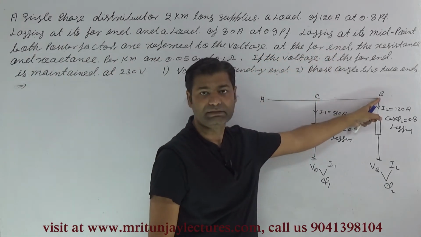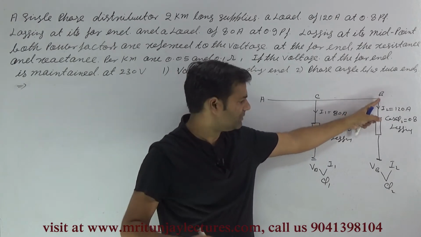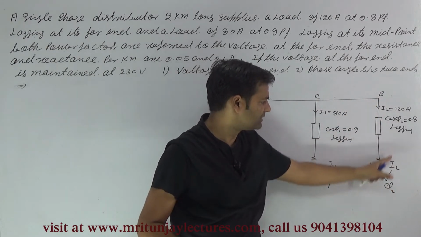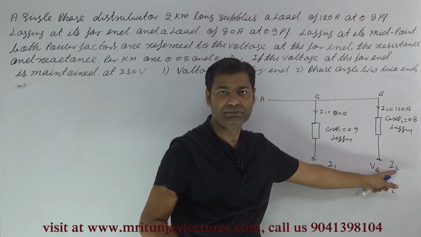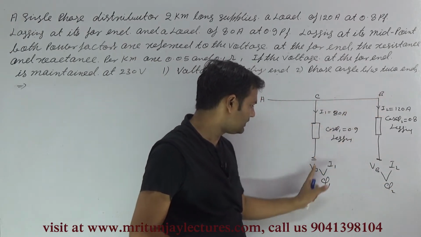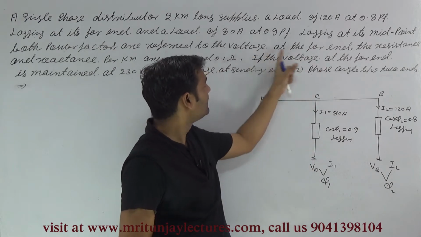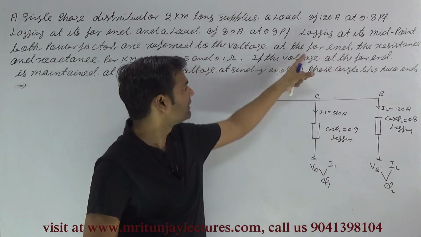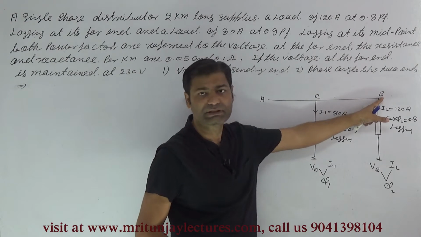What is the meaning of this? It means phi 1 is the angle between VB and I1, and phi 2 is the angle between VB and I2. Clear? Far end means like this one, so the far end voltage is VB.